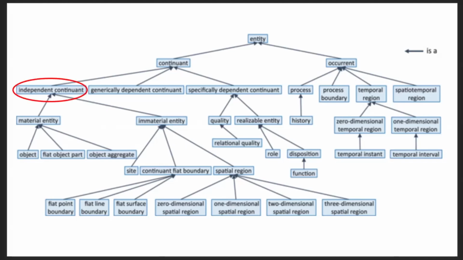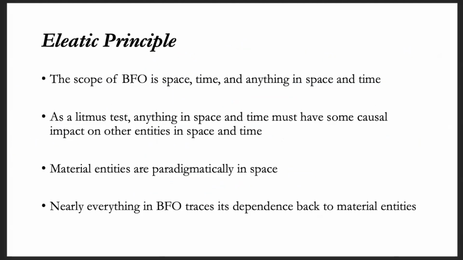Now, check this out. I want to highlight an important principle for guiding you into creating design patterns. I'm sure you're not going to remember everything I just said. Don't worry, you'll get it over time. But this thing I want you to keep in mind. Independent continuants, material stuff. The scope of BFO is space, time, and anything in it.